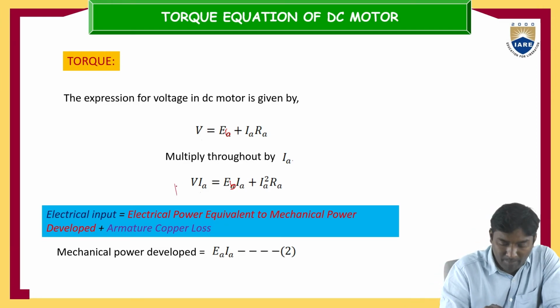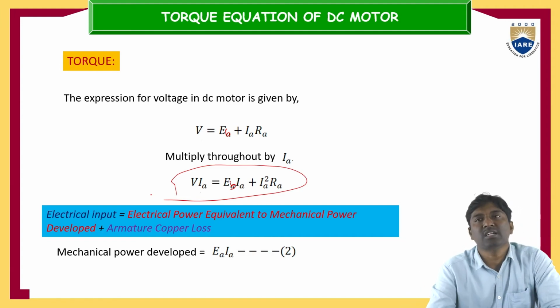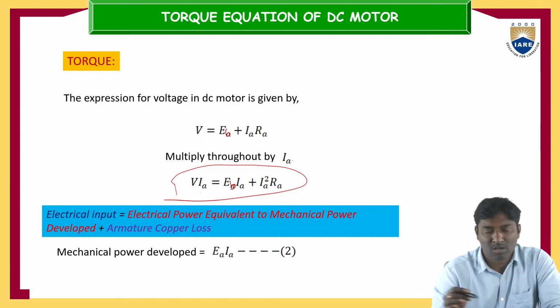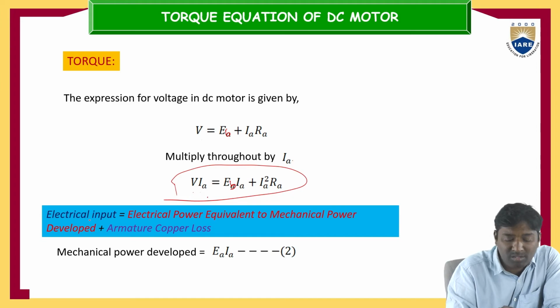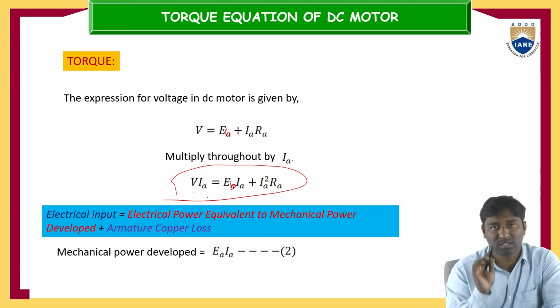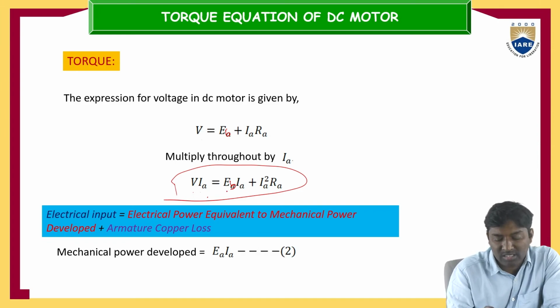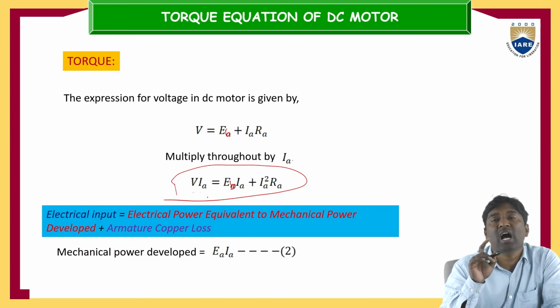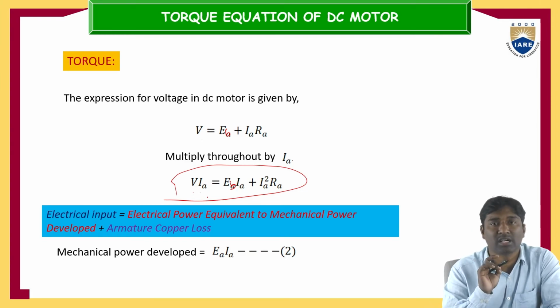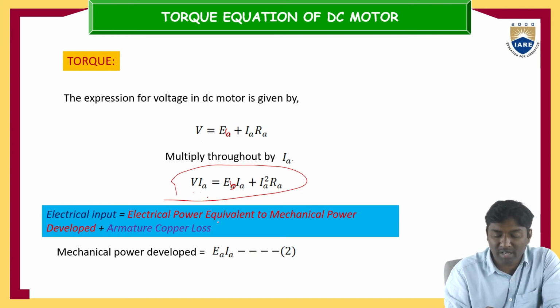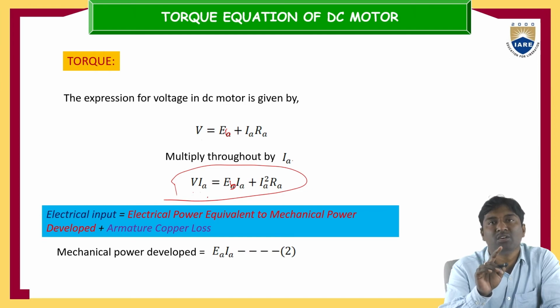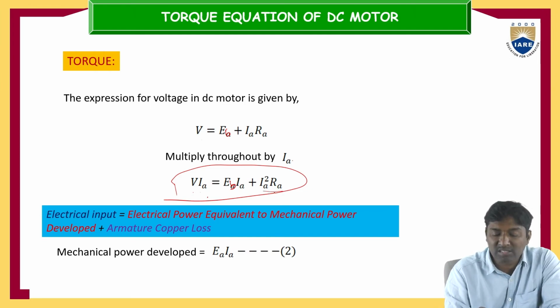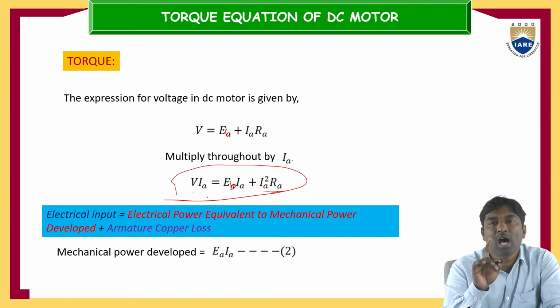In words, V into Ia is the electrical input we are giving to the DC motor. Eb into Ia is the mechanical power developed in the armature conductors, the electrical power equivalent to the mechanical power developed. Ia square Ra is the armature copper loss.